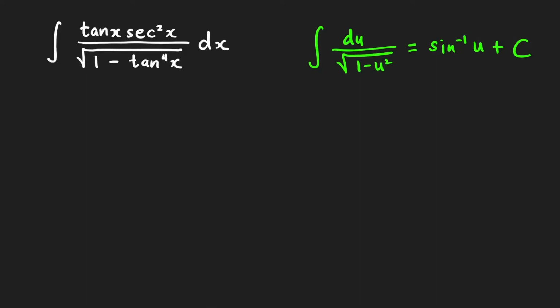And if we want to use this formula, then our u should be equal to tangent squared x, so that our radicand is in the form 1 minus u squared, because the square of this is equal to tangent raised to 4 of x. But if u is equal to tangent squared x, then our du is equal to, again, chain rule.